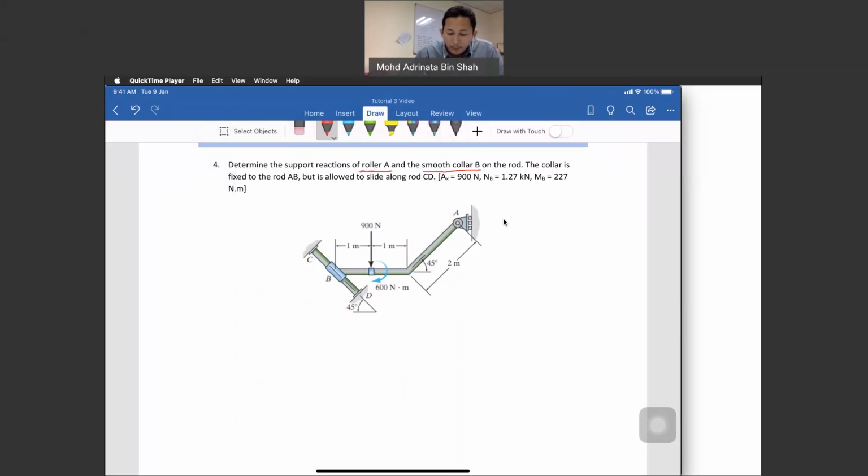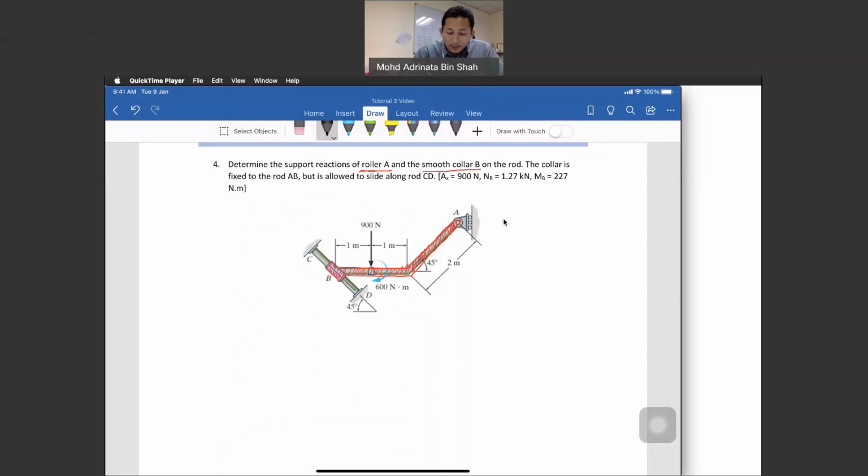So the free body diagram is like this. This is the body. And the second one, you need to draw the external load and support reaction.